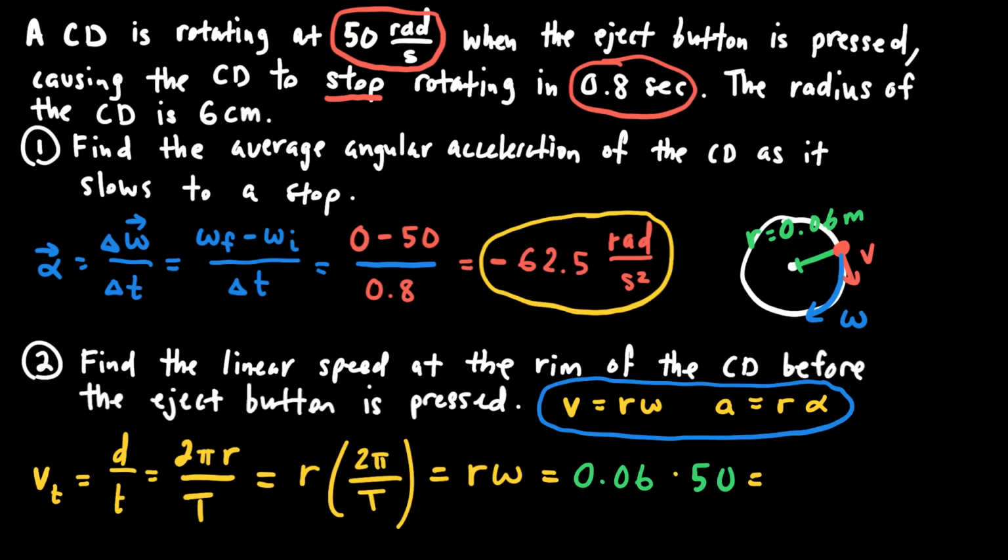And so here, 50 times 0.06 gives me an answer of about 3. And the answer that I'm getting here is for the linear speed, that point that I've drawn in red. The linear speed would have units of meters per second, not radians per second, because I wasn't looking for the angular speed.